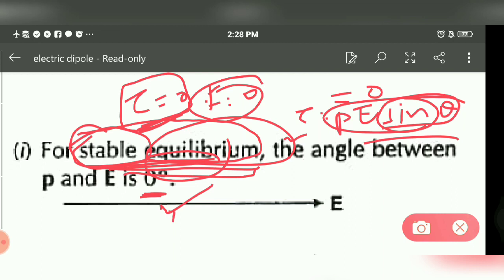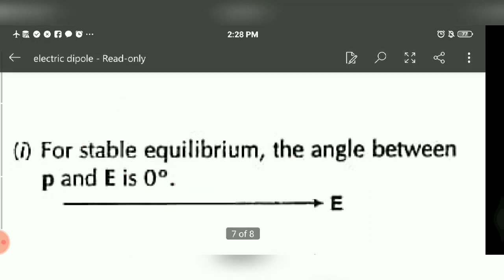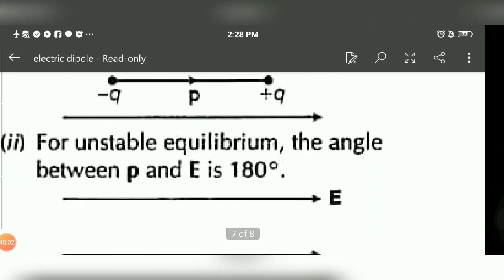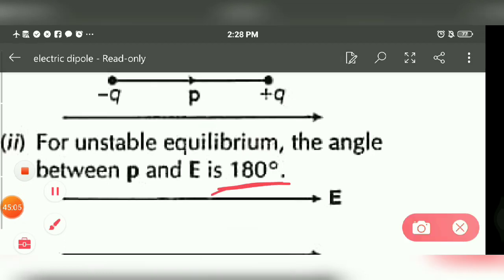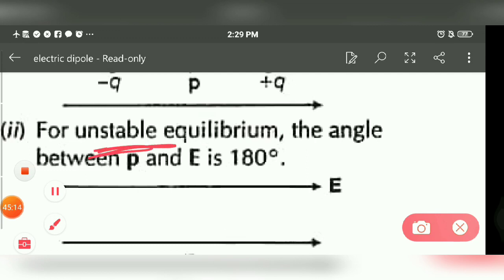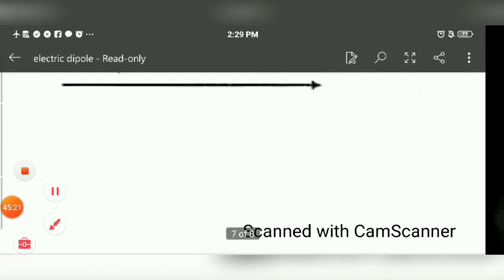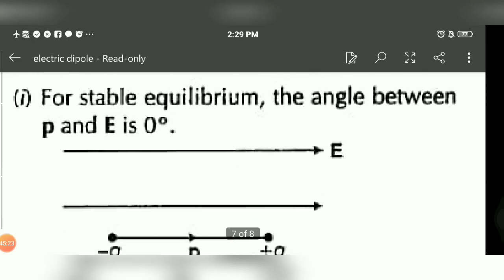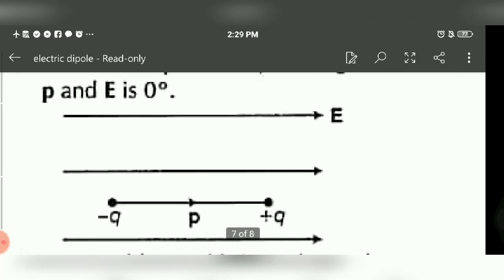For unstable equilibrium, theta equals 180 degrees. Even though tau is 0, it is an unstable equilibrium. In stable equilibrium P and E are both in the same direction, you can see here.